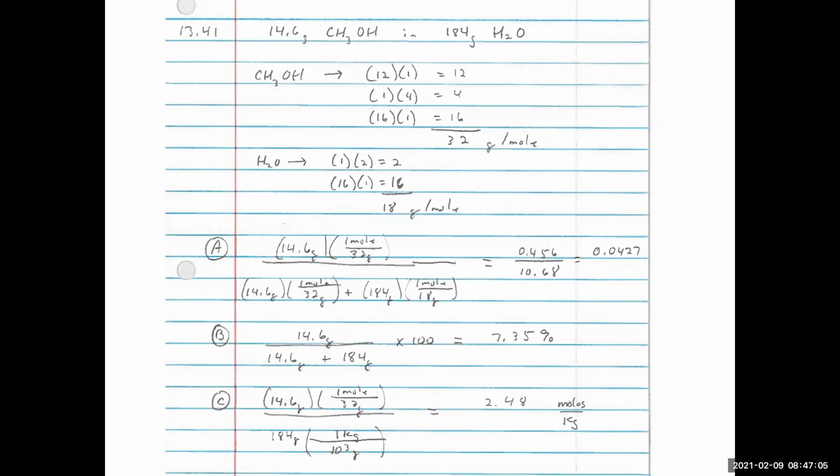In C, we want to calculate the molality, so that's the small m. And so we need to remember that molality is moles of solute divided by kilograms of solvent. And so in that case, once again, as we've done before, we're going to convert that 14.6 grams of methanol into moles using the molecular weight.